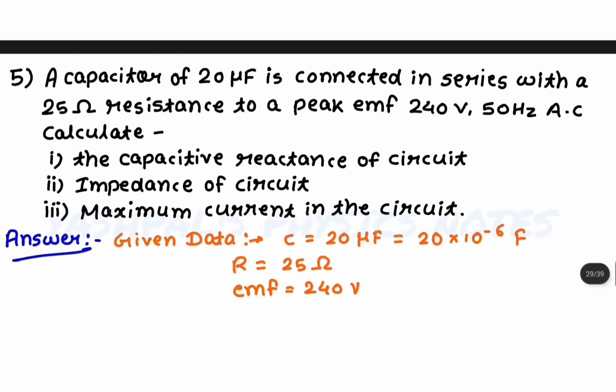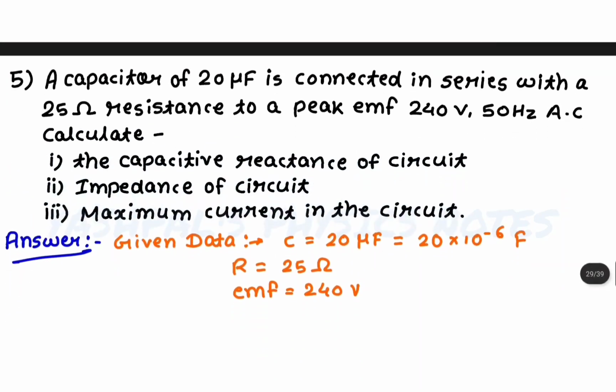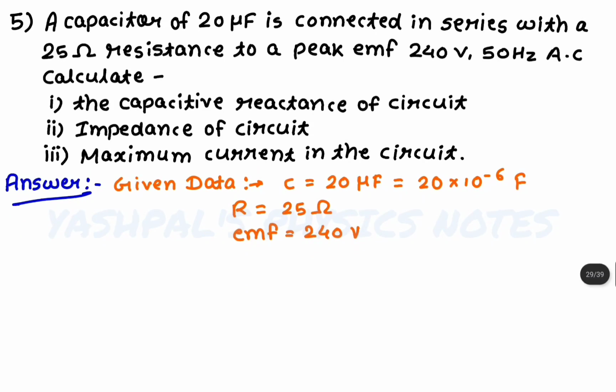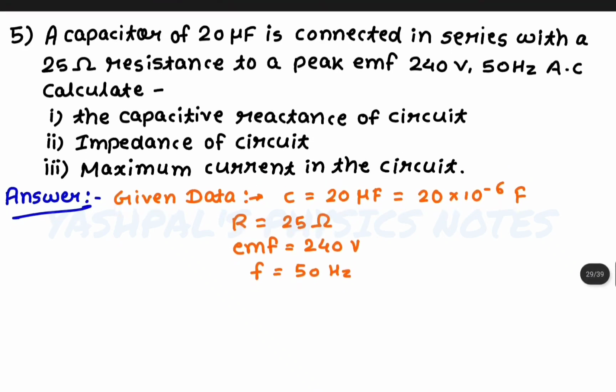Okay, as we have discussed previous problem, unit of frequency is Hertz. So we can conclude that this data is given as frequency. So F is equals to 50 Hertz. Now as you have read the question, we have given with only two components, that is capacitor and resistance. So we can conclude that this is our CR circuit.